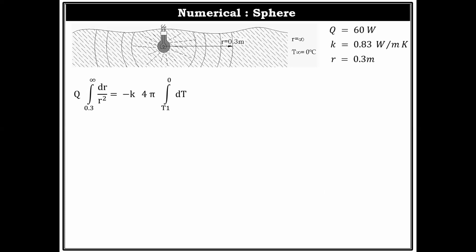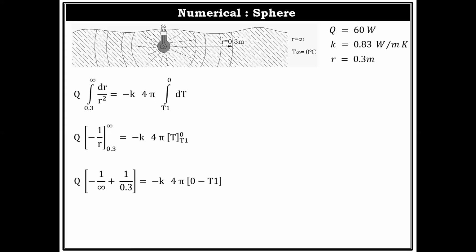Now Q is a constant, so take it outside of the integration sign. So Q times the integral from 0.3 to infinity of dr upon r square is equal to minus K 4 pi. This is also constant, so remove it from the integration sign, leaving the integral from T1 to 0 of dT. Now simplifying this, Q in bracket, the integration of 1 upon r square becomes minus 1 upon r, with limits 0.3 to infinity, is equal to minus K 4 pi times the integration of dT, which becomes T, with limits T1 to 0.